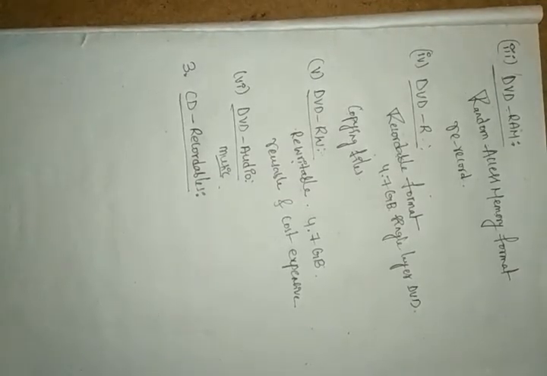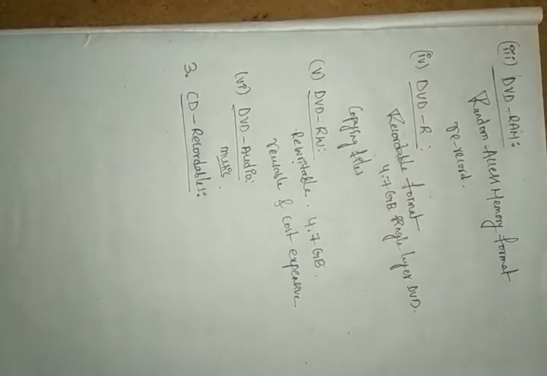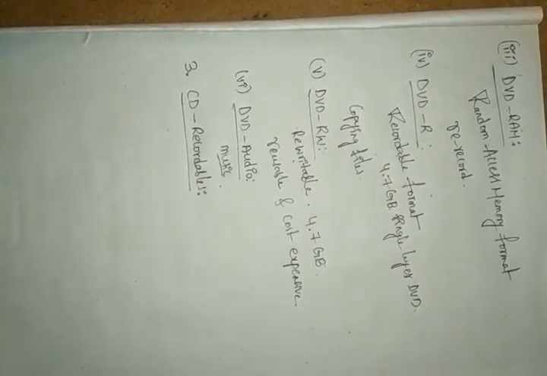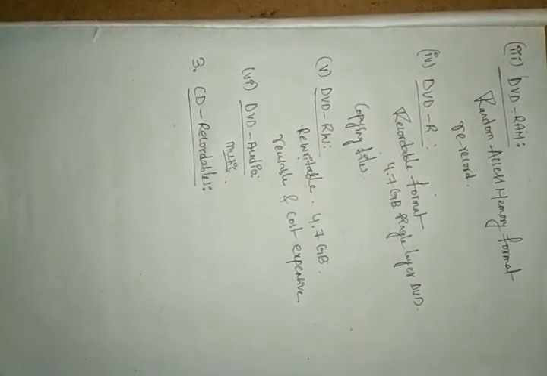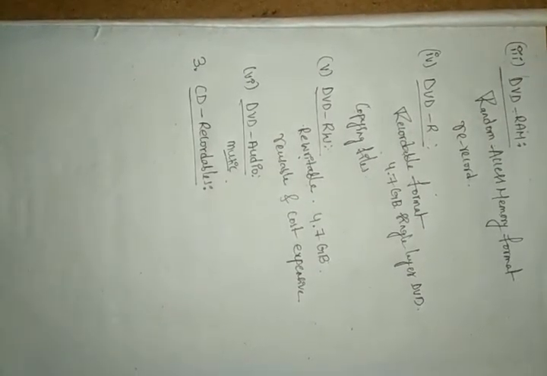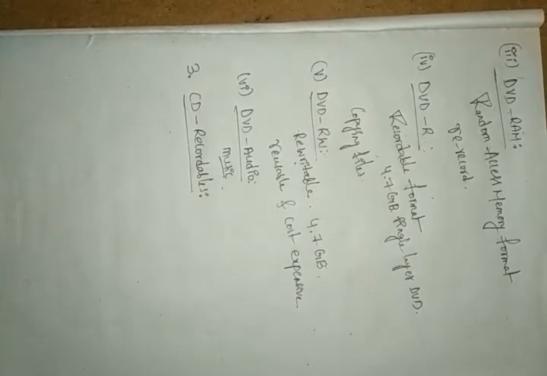With the CD we perform writing only. A CD can be written only once, but can be read many times. Whatever we have on CDs is written only one time, but read many times.